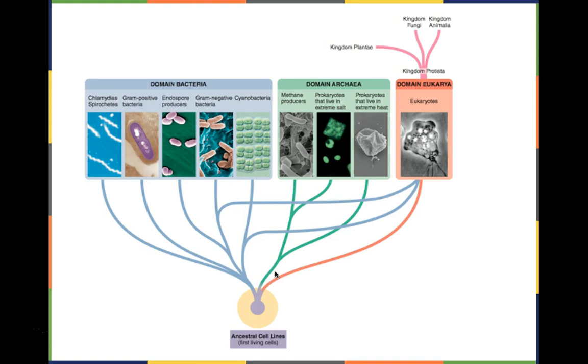If we take a closer look at the three domains, domain bacteria, archaea, and eukarya, we get into the domain eukarya and we can divide those organisms into different kingdoms. Again, looking at very general, broad characteristics.